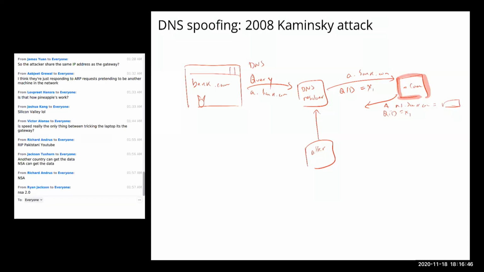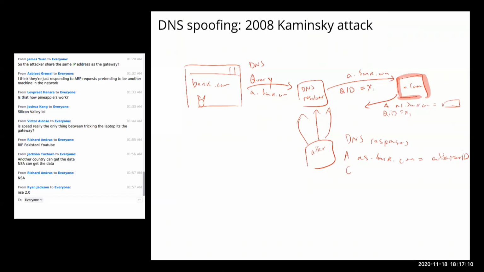So in the meantime, the attacker is just going to send a bunch of responses, just flood the DNS resolver with a bunch of DNS responses with ns.bank.com set to the attacker IP.